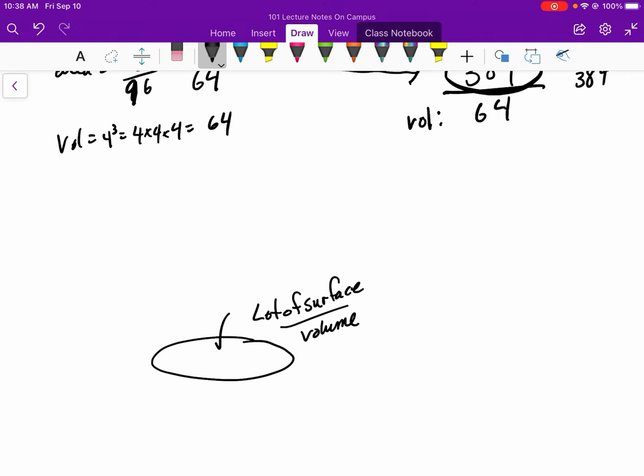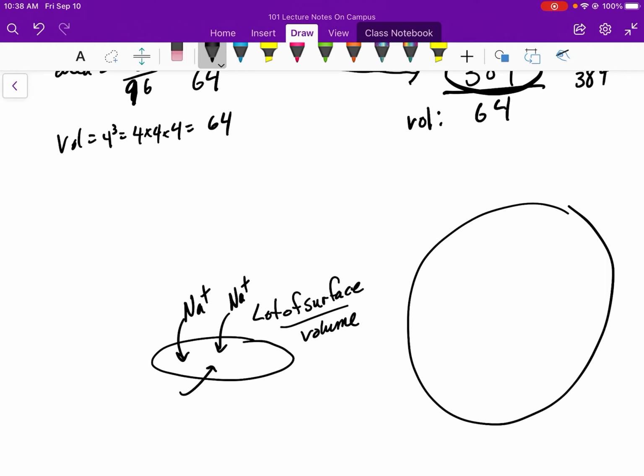So if you need stuff to come in from the outside, you can easily get stuff to come in. Maybe you're trying to bring in sodium, right? It's easy to get some in to the middle. But when your cell gets really large like this, you have little surface area relative to volume.